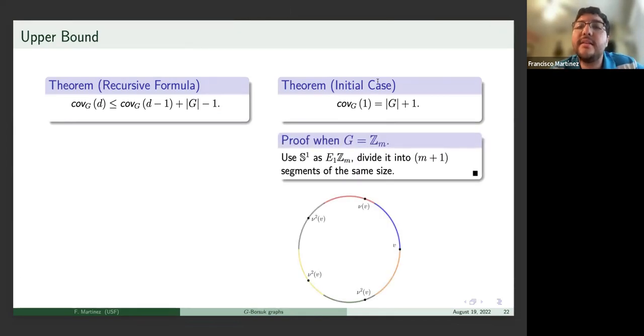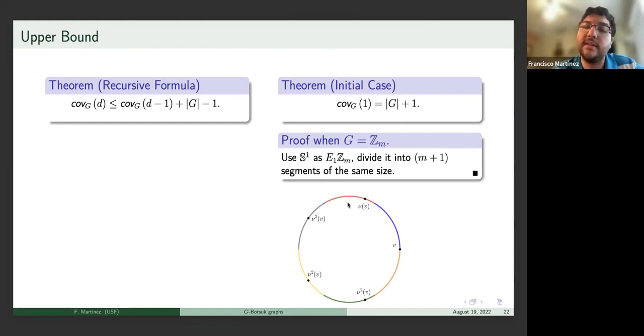The initial case is to prove that this happens to be true for dimension 1. The way in which we do that is by first looking at the cycles. The classifying space of dimension 1 of the cycles can be seen as just the circle where we have 2 pi over m rotations. Then if we divide that circle into m plus 1 segments of the same size, that is a covering of this space.